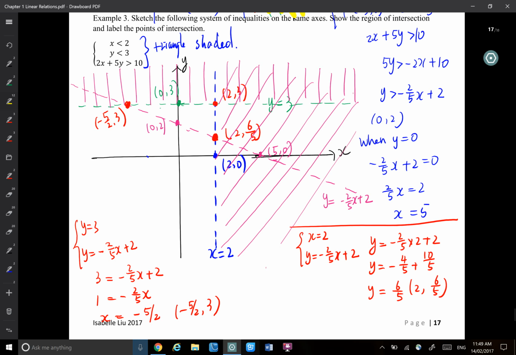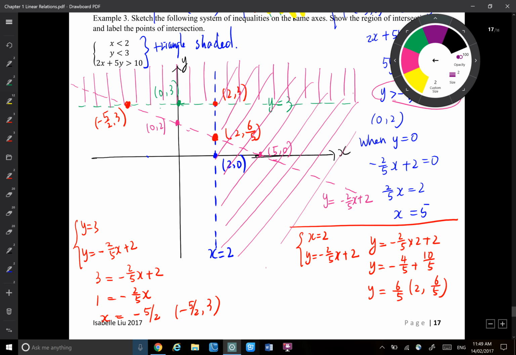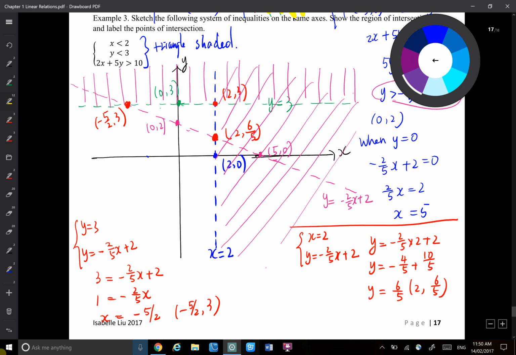And for the last one, I want y greater than this line. So where I don't want is y smaller than that. So I want the below part. I want to shade the below part. So I will change the color, maybe to a dark purple.